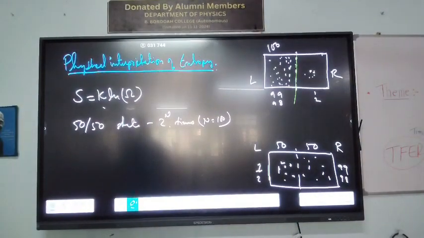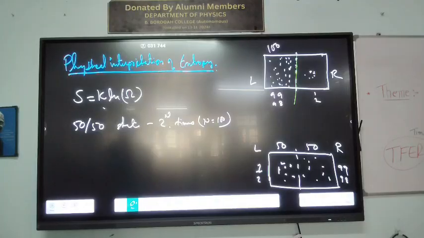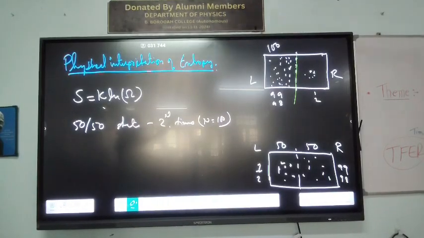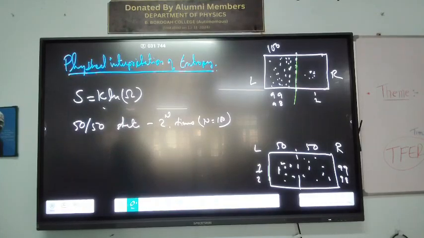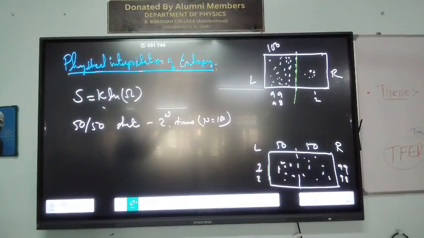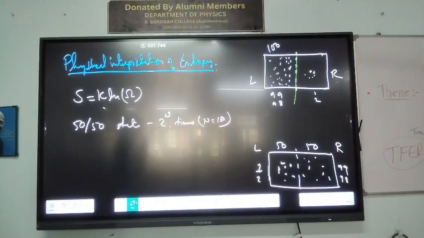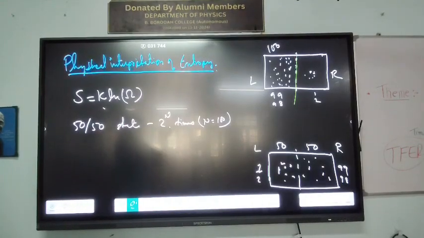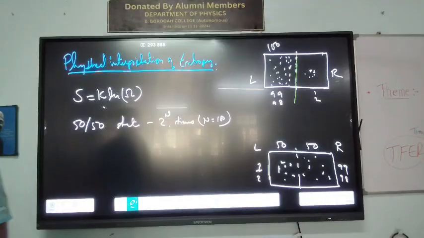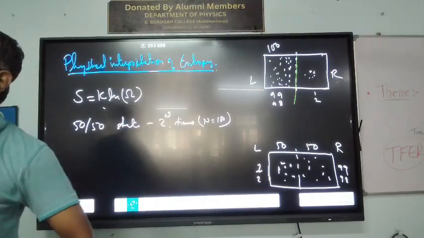That means the 50-50 situation gives lots of ways compared to 99 and 1. Is it clear? So which one will have higher probability?